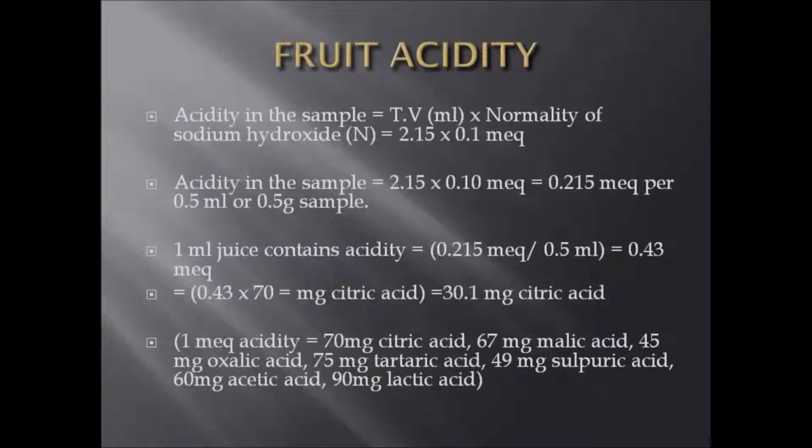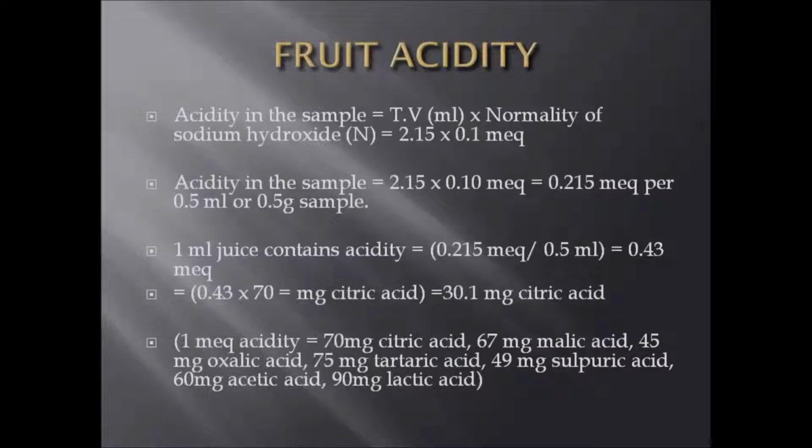Here we converted milliequivalents to milligrams of citric acid. Here 1 milliequivalent of acidity equals 70 milligrams of citric acid. If we are calculating for malic acid, we have to multiply this milliequivalents with 67 milligrams. If we want to calculate in oxalic acid, we have to multiply with 45. For tartaric acid, we have to multiply with 75 milligrams.